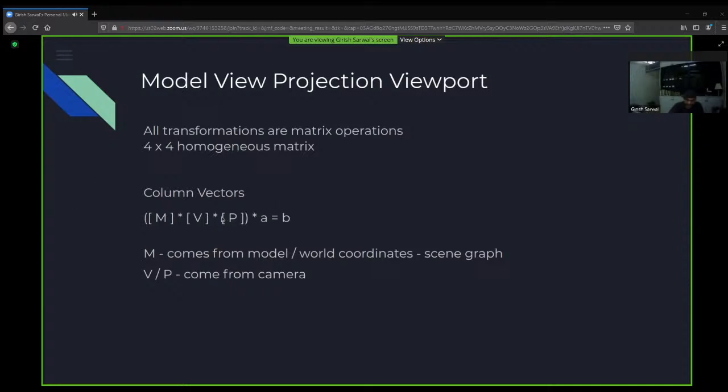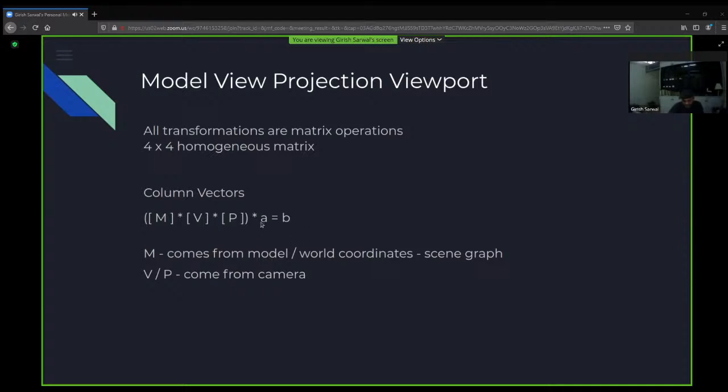Now the idea here is that when we want to take our vertex data to the screen, we carry out a model transformation on it, a view transformation on it, and a projection transformation on it.